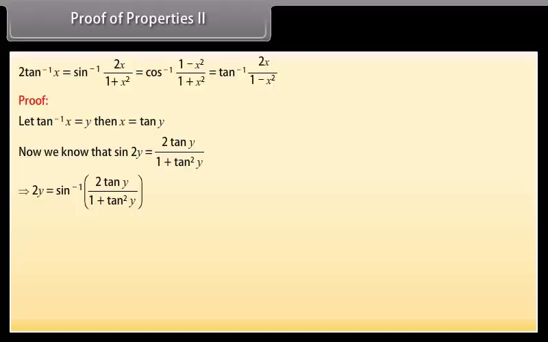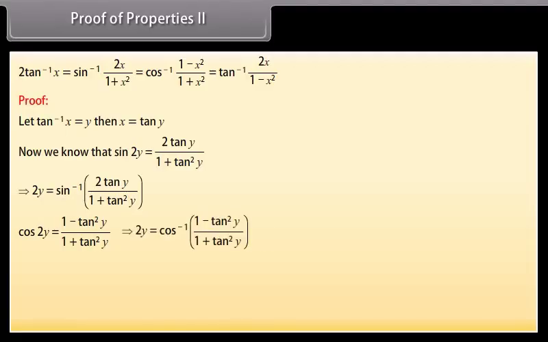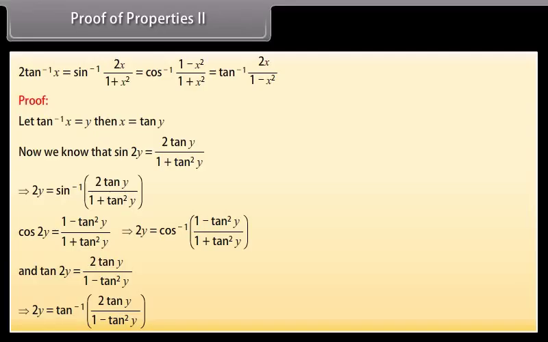It implies that 2y is equal to sin inverse of 2 tan y by (1 plus tan square y). Cos 2y is equal to (1 minus tan square y) by (1 plus tan square y). It implies that 2y is equal to cos inverse of (1 minus tan square y) by (1 plus tan square y). And tan 2y is equal to 2 tan y by (1 minus tan square y). It implies that 2y is equal to tan inverse of 2 tan y by (1 minus tan square y).